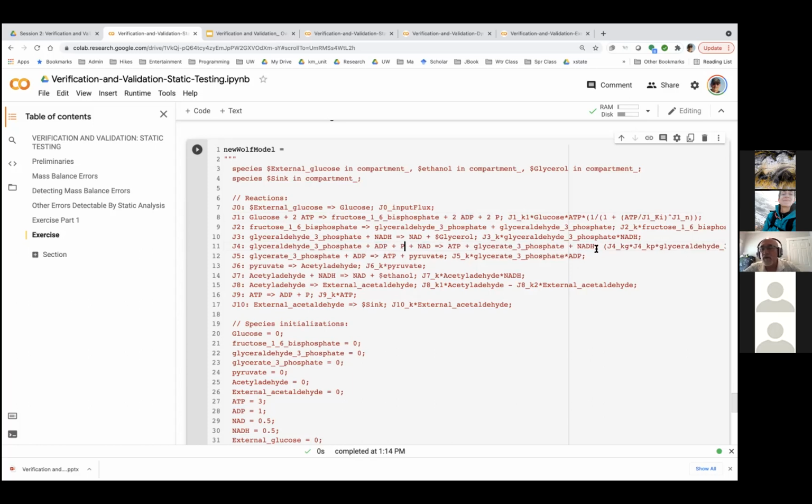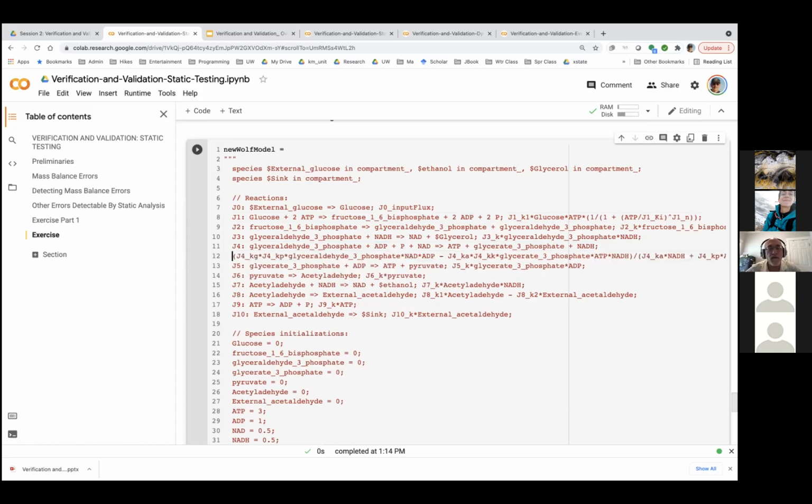But then if you also look at the kinetics over here, which I'm going to create a line break for so you can see it all on one screen, the kinetics do involve all the reactants like ADP. So presumably you would want to include this new reactant we added, the phosphate, there as well.